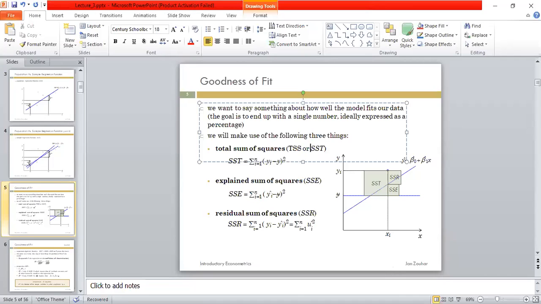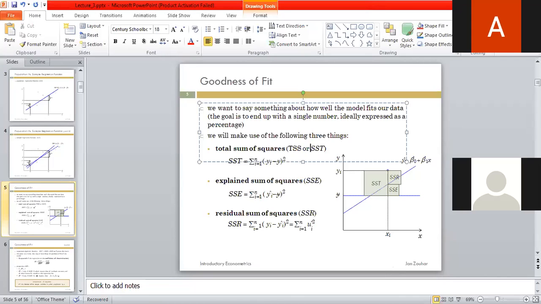So if you recall the model and the estimated line, econometric model.